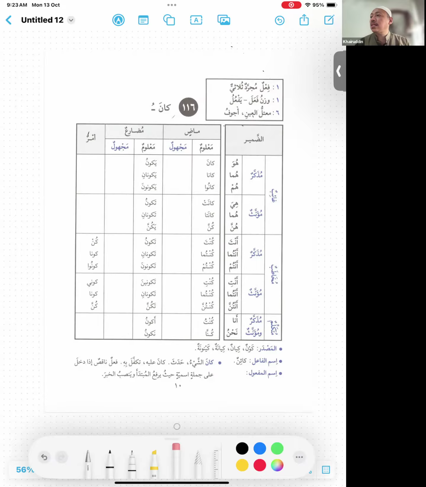So the Arabs say that sometimes we look at the masdar. The masdar is the verbal noun relating to root words. So if the root word is kana yakunu, you can find the masdar here in this chart.